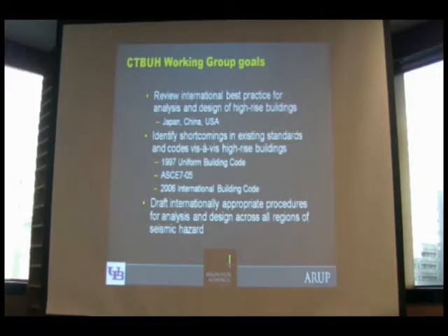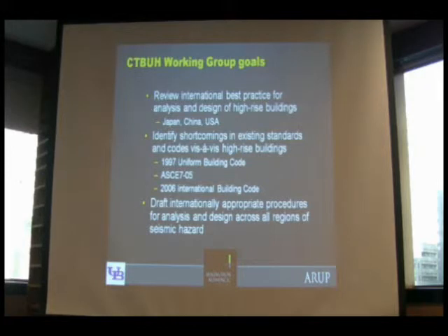Perhaps the most widely cited is the 1997 Uniform Building Code, which, well, I should say is incorporated by reference in many codes around the world, from Southeast Asia through areas in the former Soviet Union, through into Europe. And this standard was written for low and medium-rise buildings, so we were running into problems when trying to apply the Uniform Building Code to the design of tall and super tall buildings.